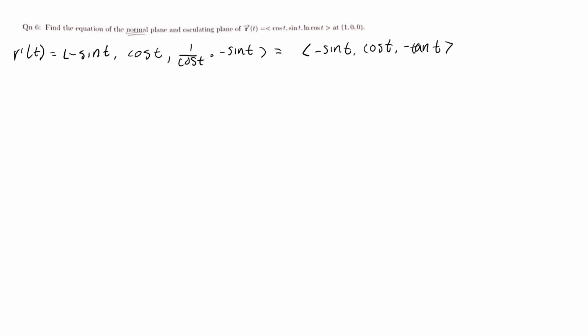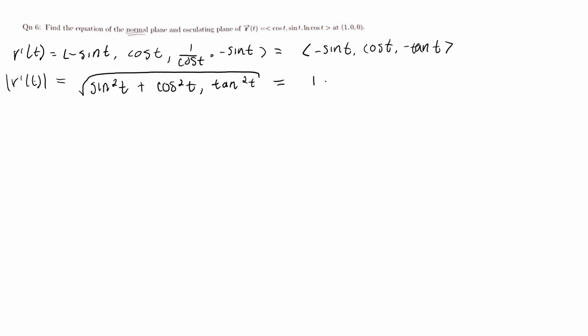From here, we're going to find the magnitude, since we need it to calculate the tangent vector. So we'll have negative sine t squared, which becomes positive, plus cosine t squared, plus negative tangent squared, which becomes positive. With our identities, we can sum in a 1, since we know that cosine squared plus sine squared is 1.